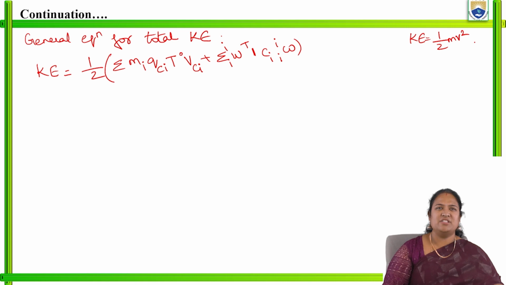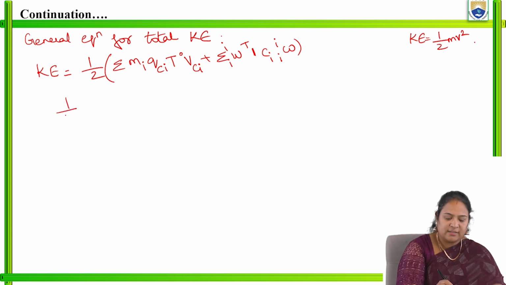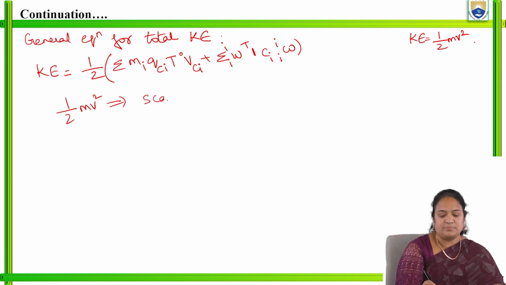That is, kinetic energy is equal to half the sum of the mass times v squared, where the velocity is expressed in terms of the generalized coordinates, along with the angular velocity term ω_i transpose I_ci ω_i. Generally, half mv squared is the scalar form.